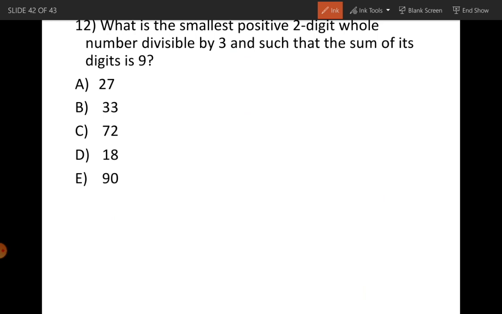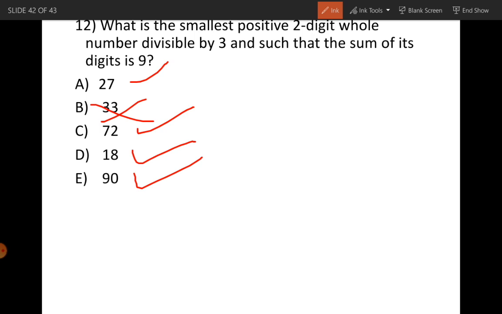So here we will do the sum of two digits so that the answer comes to 9. Here 2 plus 7 is 9, and 3 plus 3 is 6, which is not 9, so we can exclude that. 7 plus 2 is 9, 1 plus 8 is 9, 9 plus 0 is 9. But what they asked is the lowest number, so we start from the lower number.